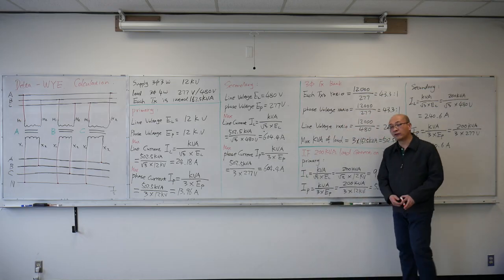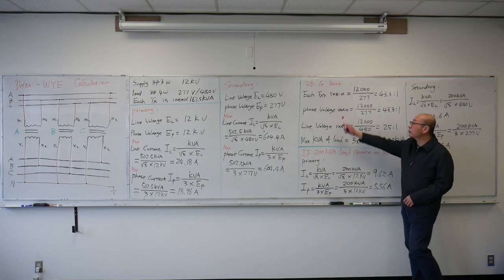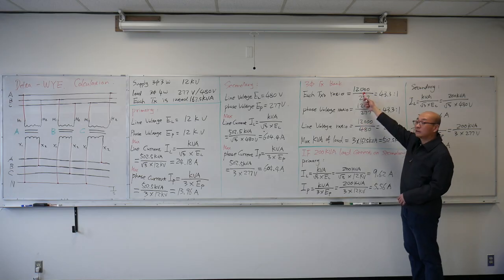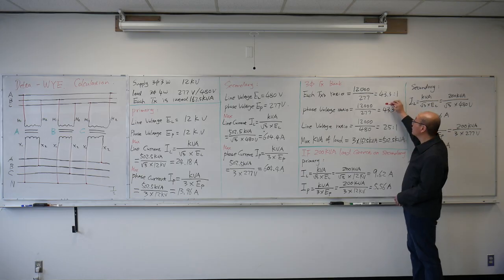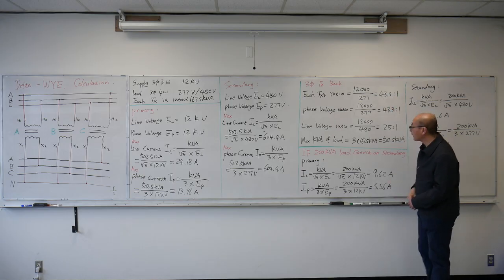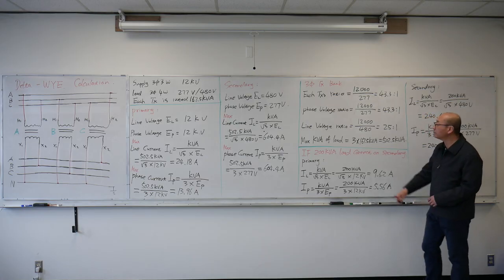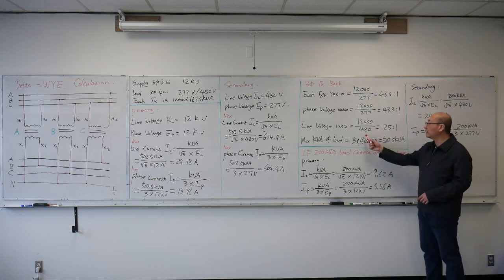Let's look at the transformer ratio. Each transformer's ratio, 12 kV over 277, gives me 43.3 to 1 ratio. Phase voltage ratio is always the same as transformer ratio. Line voltage ratio this time, 12 kV over 480 volts, gives me 25 to 1 ratio.